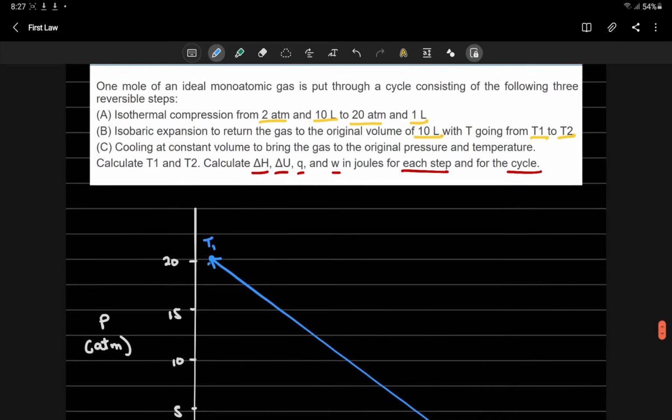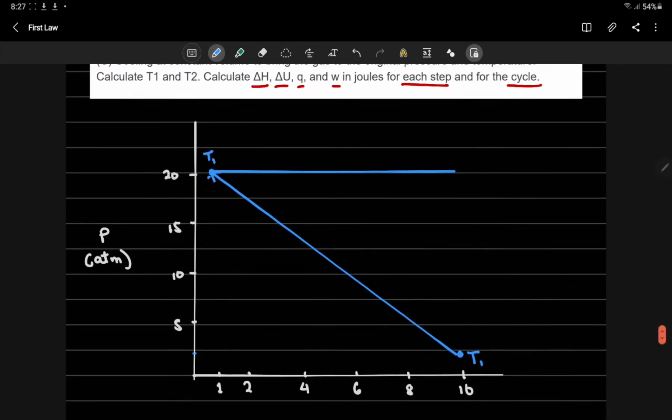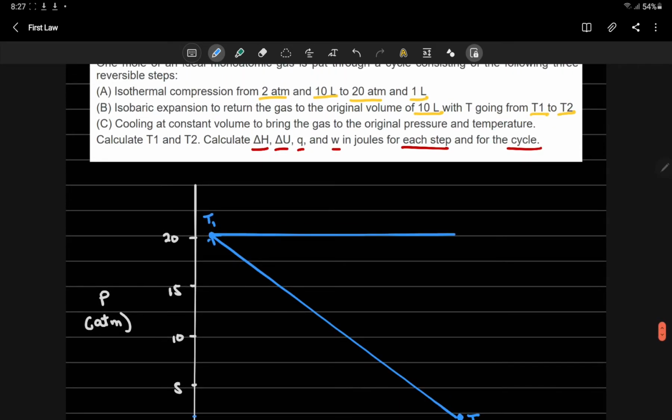Now, the second step of the process, which is isobaric expansion, to return to the original volume of 10 liters. So, what happens? The volume goes from 1 liter back to 10 liters. Okay? So, it is at 10 liters now. That is an isobaric expansion because the pressure is constant, as you can see now. And the temperature went from T1 to T2. Okay? So, there is a change in temperature.